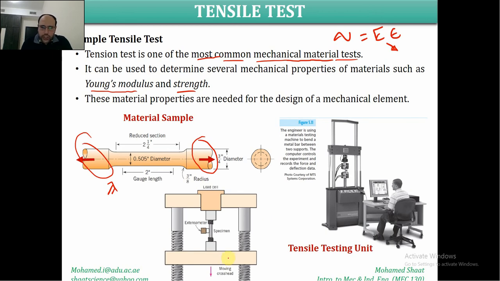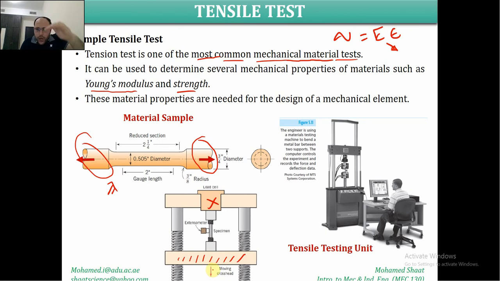When this screw rotates, this part will be moved down. As this part moves down, there is a force generated in this material sample, and this material sample will be stretched. Think of it like it is made of plastic material. So this lower part is fixed, is not moving, but this part is moving down.